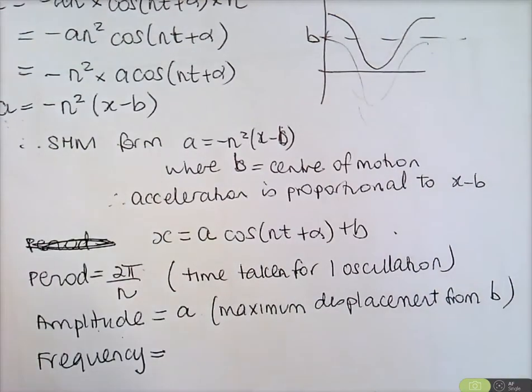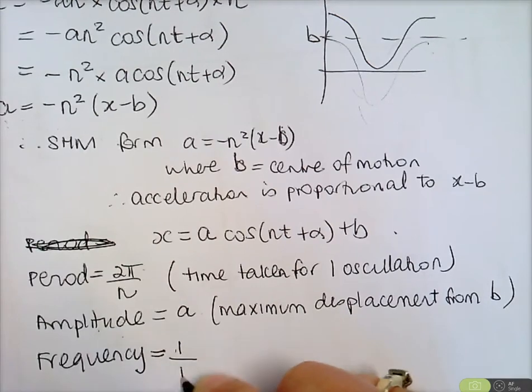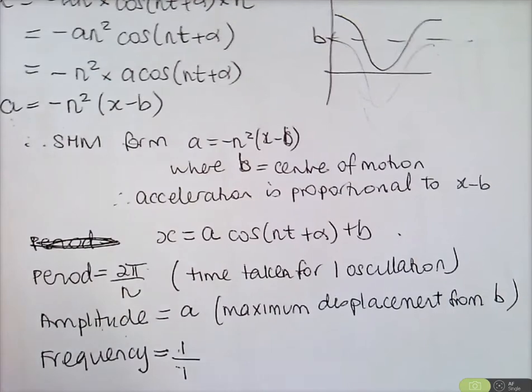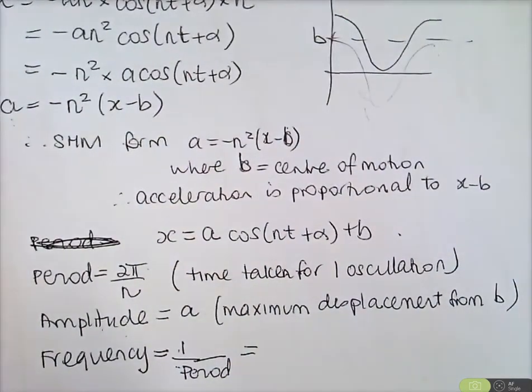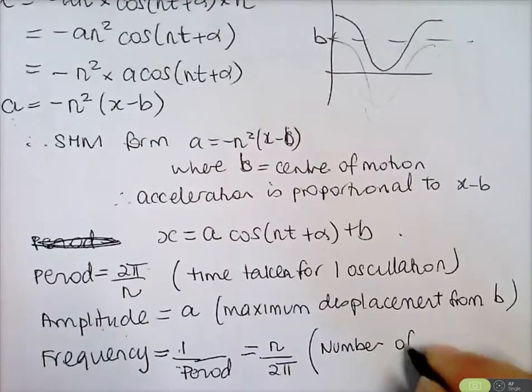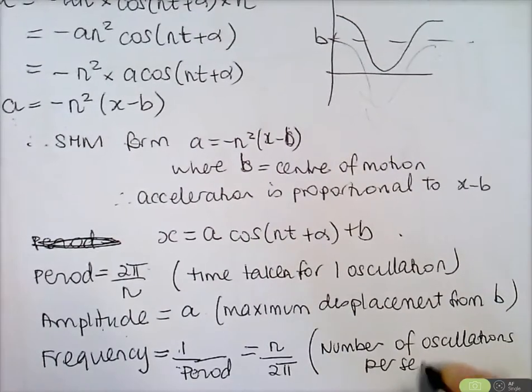Yep. The frequency equals 1 on T, 1 over the period. So it's the reciprocal of the period. That's the frequency, which is, if you're ever asked, n on 2 pi. And the frequency is the number of oscillations per second.